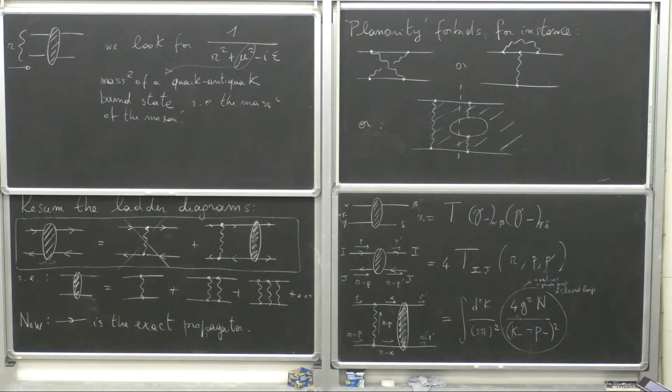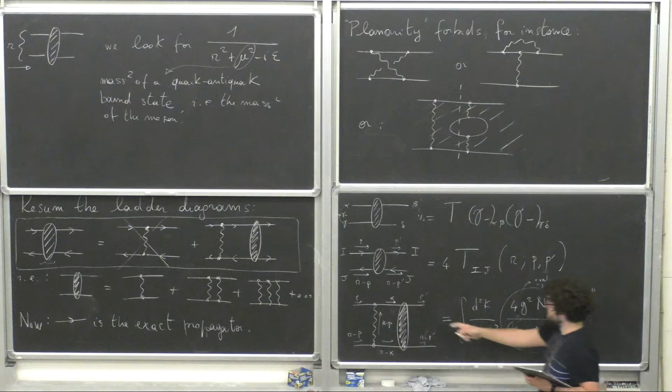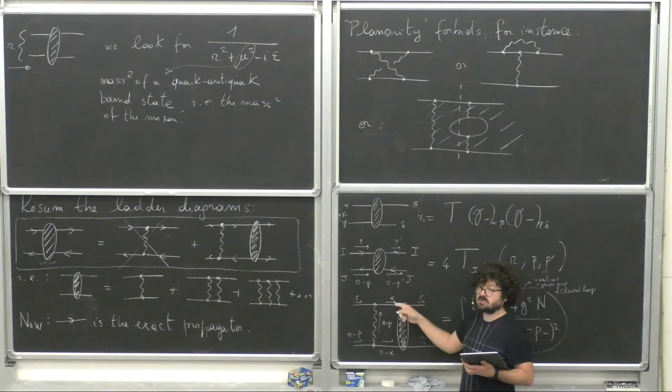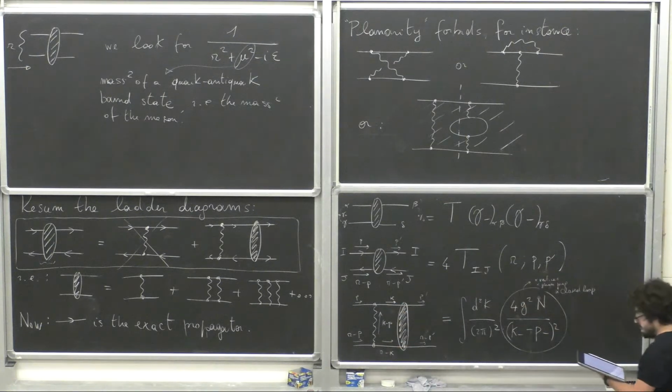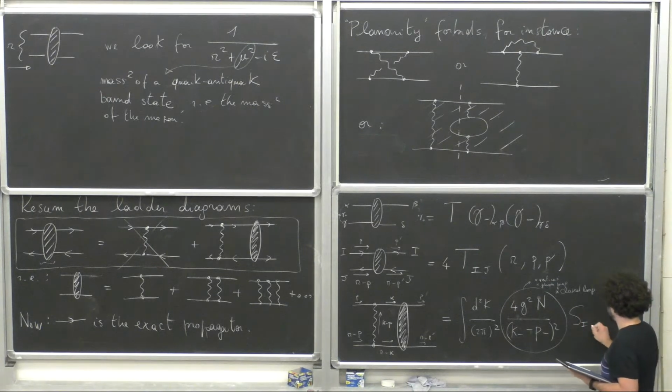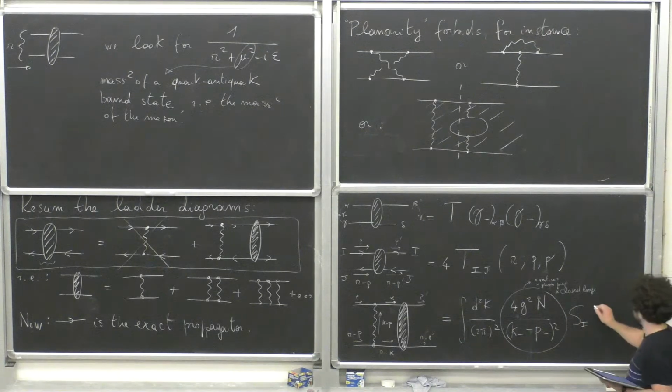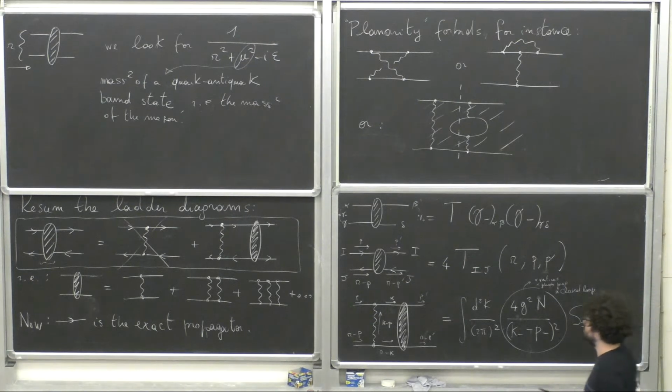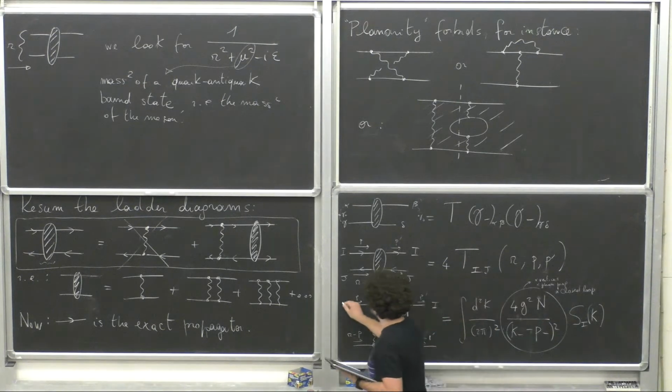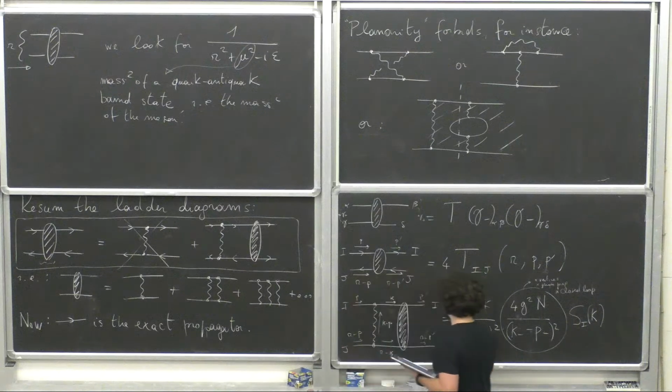Then what do I have? I have two exact propagators of the fermion. I need to put one here and one here. And luckily I introduced a notation, so I don't have to write down a very long formula. So I have Si of K, I think, yes. So this was the I line, and this is the J line, okay?